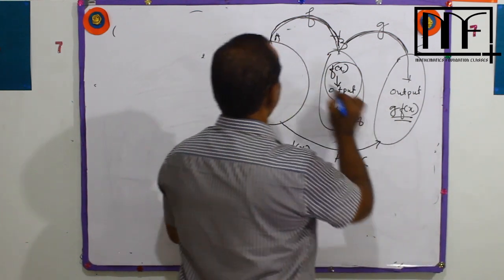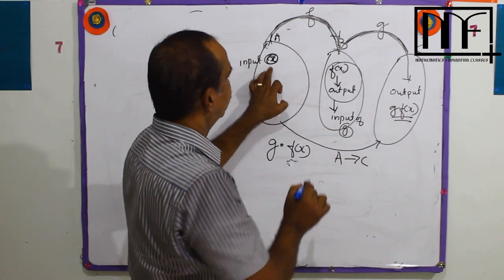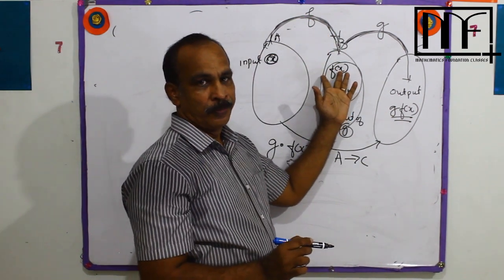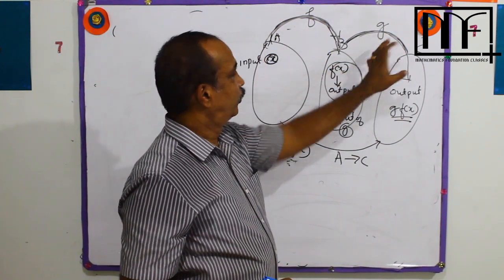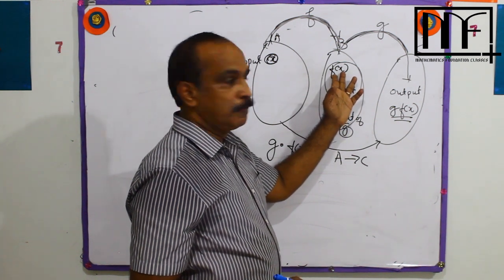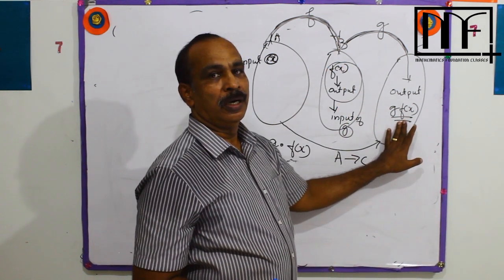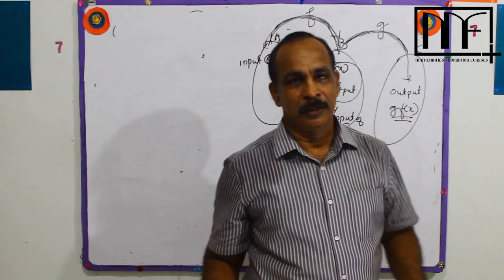So two functions here. The first machine is f, where x is the input and f(x) is the output, followed by g, the second machine, where f(x) is the input and g of f(x) is the output. It's a function of a function, like working machinery.